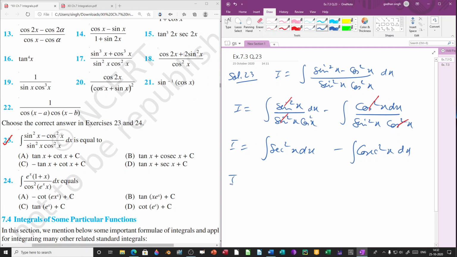So I equal to the integration of sec square is tan x, so tan x, minus the integration of cosec square x, which is minus cot x, so minus cot x plus c. There are 2 minus signs here, so we will be getting I equal to tan x plus cot x plus c. So this is the answer of question number 23.